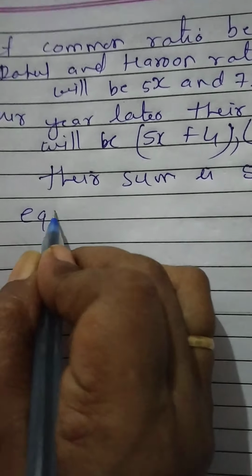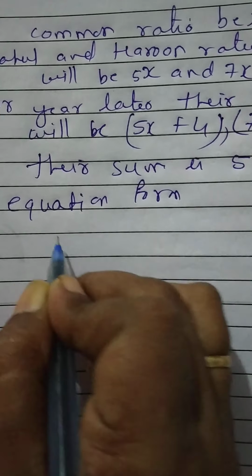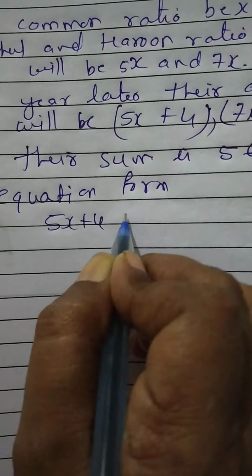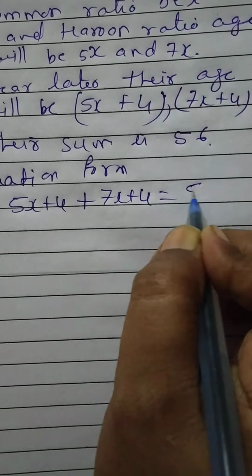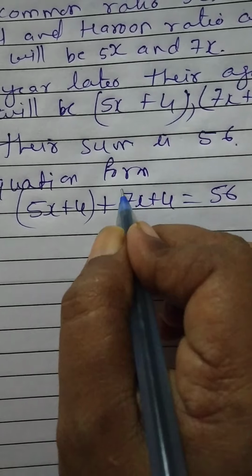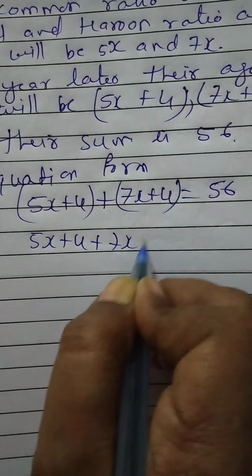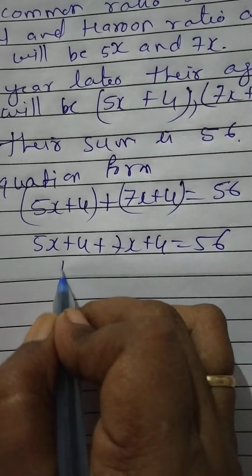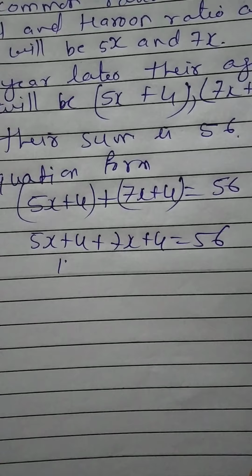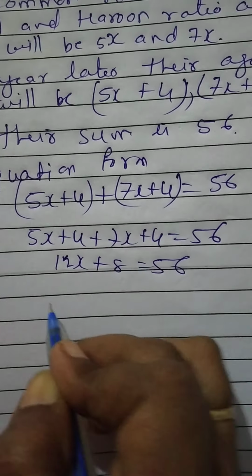Okay, now in equation form: 5x plus 4 plus 7x plus 4 is equal to 56. Now 5x plus 7x is 12x, and 4 plus 4 is 8, so 12x plus 8 is equal to 56.